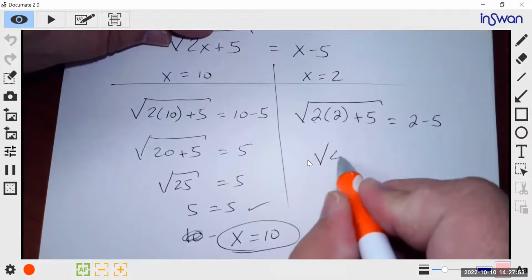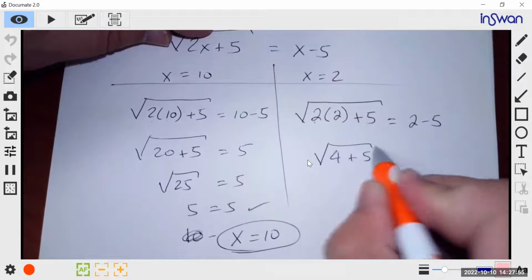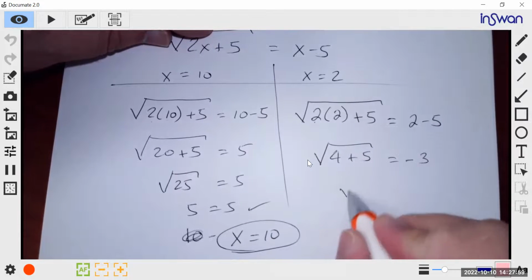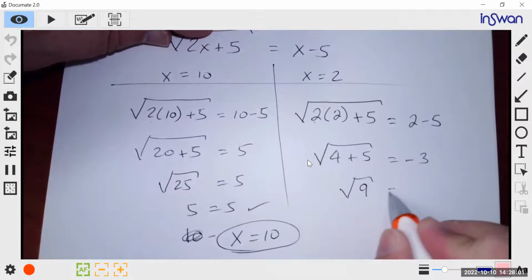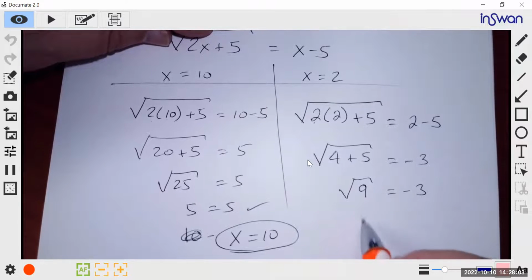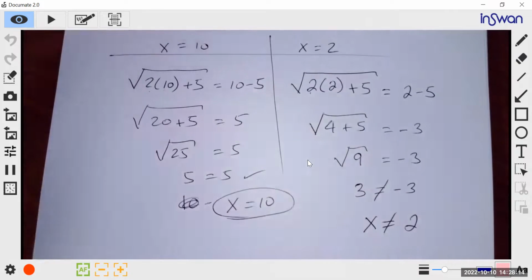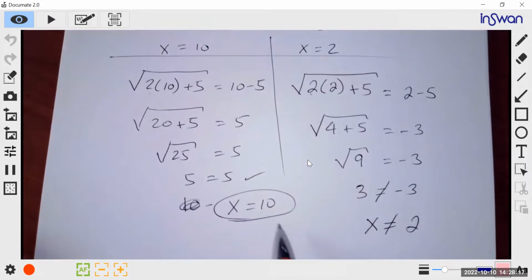Two times 2 is 4 plus 5. 2 minus 5 is negative 3. Square root of 9, does 3 equal negative 3? No. So x cannot equal 2. We only have one answer in this case. Again, that's why you have to check your answers.